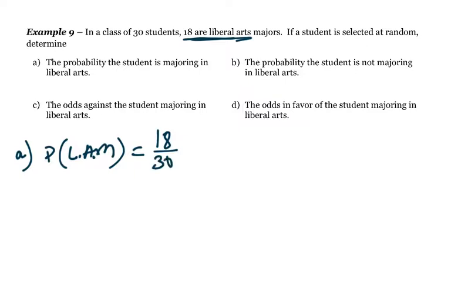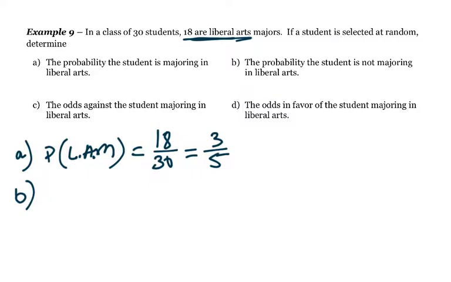So this could be experimental, because if we ask 30 students, and 18 of them are liberal arts majors, that's experimental. We have 18 out of 30, which simplifies down, divide each by 6, we get 3/5.